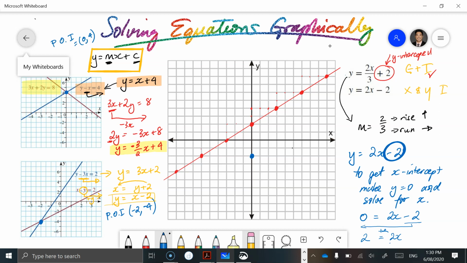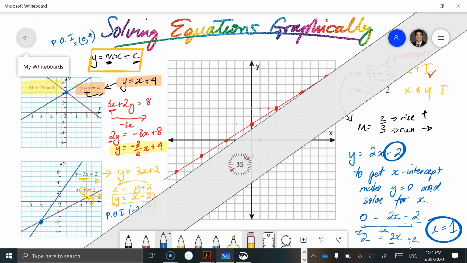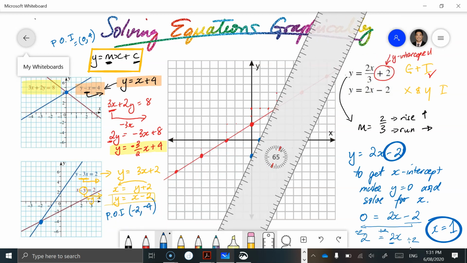And to get rid of the 2, to get x on its own, we divide both sides by 2. And therefore, x is equal to 1. Okay, so x is equal to 1. That is our x-intercept. Our x-intercept is here.